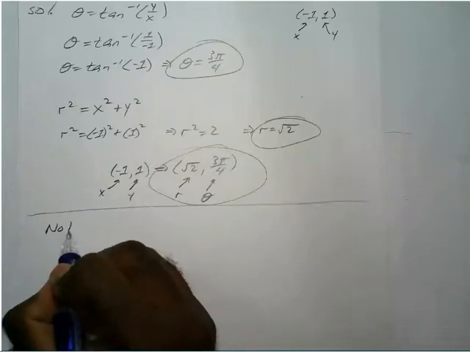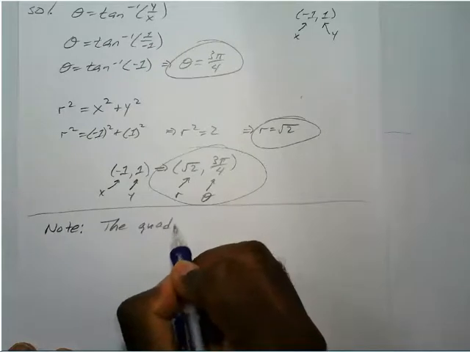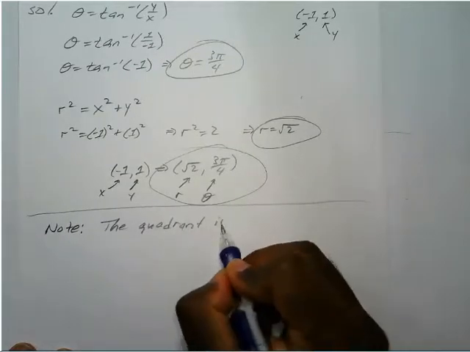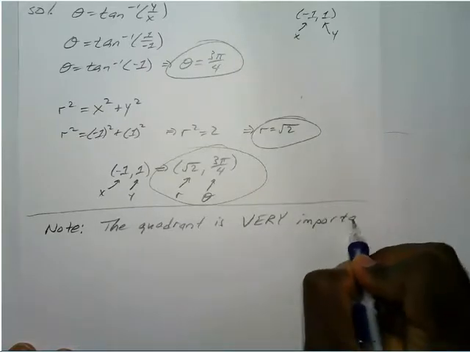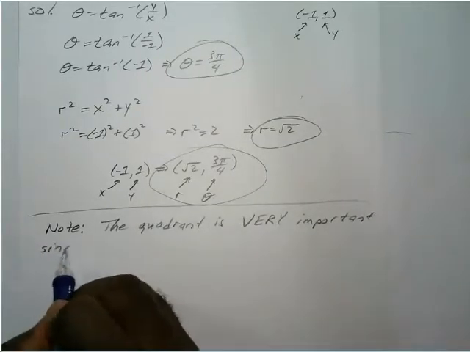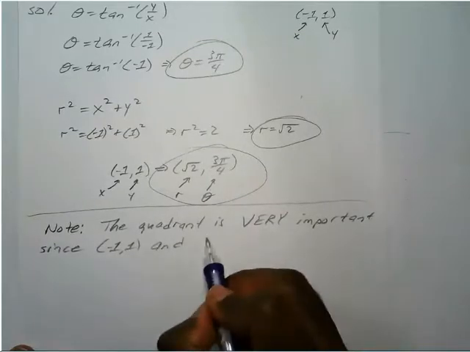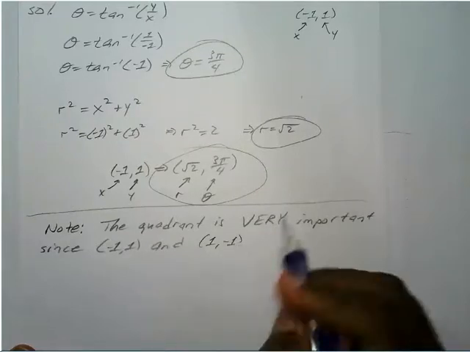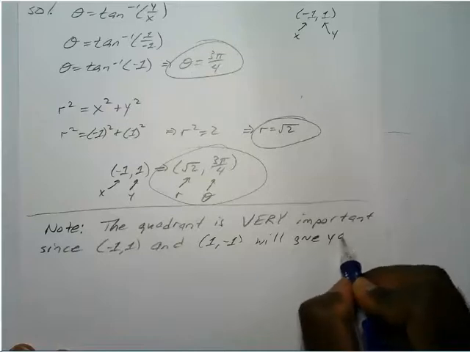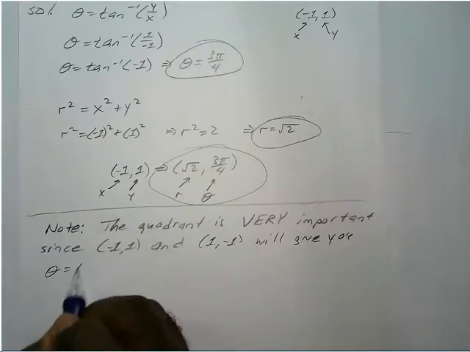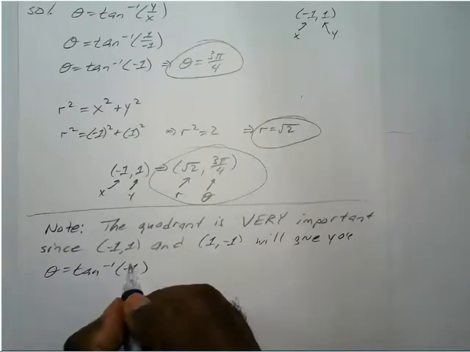Just as a quick note, the quadrant is very important since (-1, 1) and (1, -1) will both give theta equals tangent inverse of negative 1.